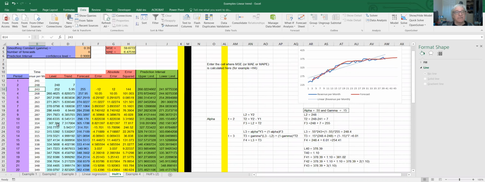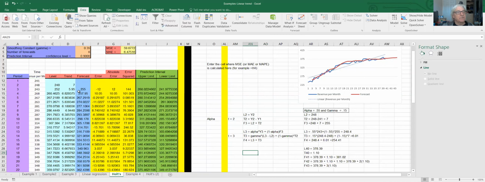That's the recent data. But I also have an estimate of it that was made before, based on the previous data points. 255 is based on Y1 and Y2. So one piece of information is the recent one, and another is based on the previous ones. What do you do? You weigh these two, like exponential smoothing does: alpha times Y3, plus 1 minus alpha times F3.